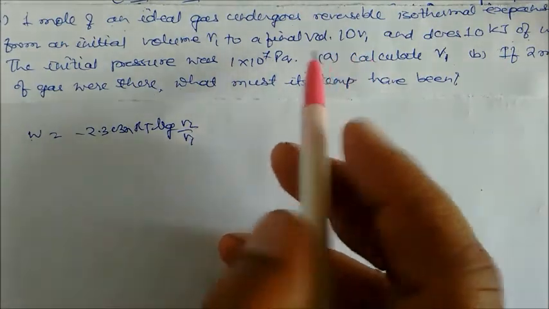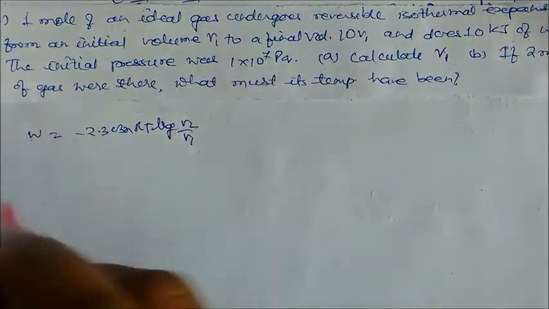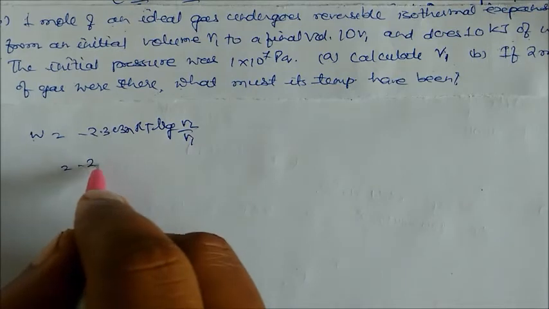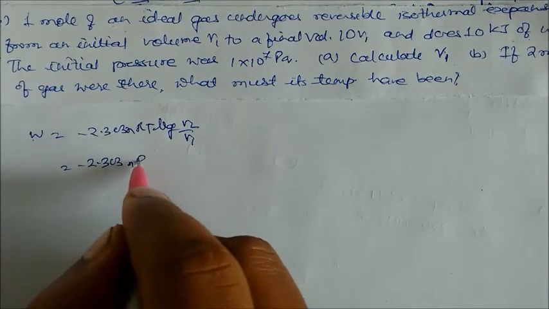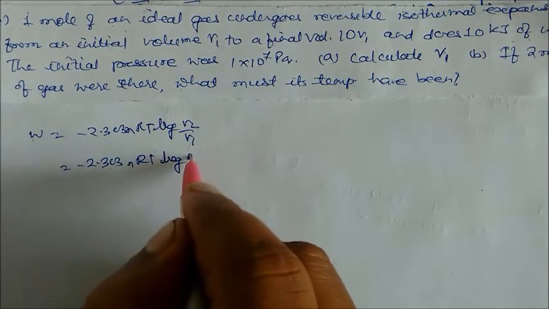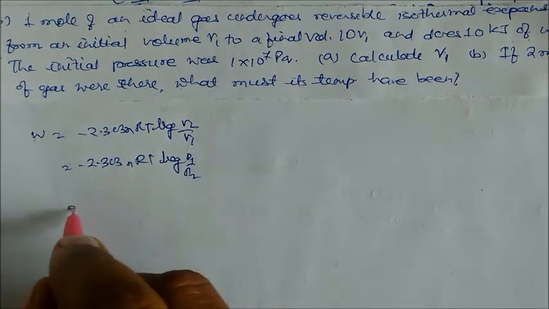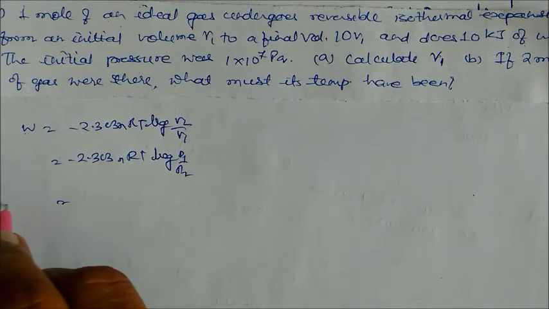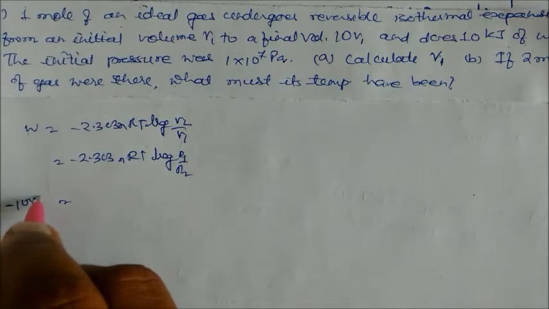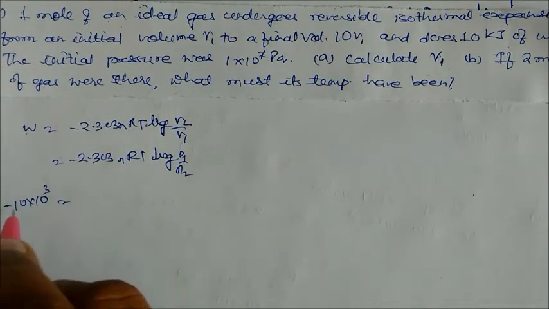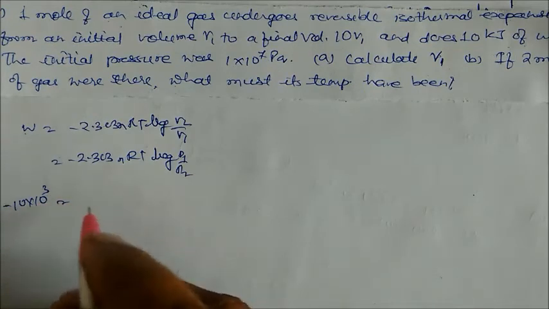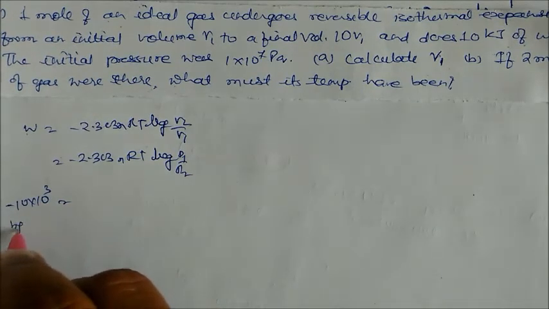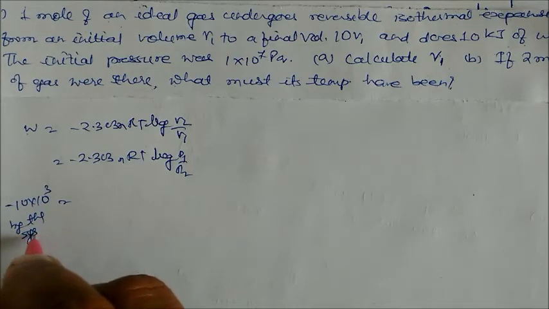So we have to use the second formula, that is minus 2.303 nR log of P1 by P2. In this case the work done is given. So what is the work done? 10 kilojoule, that is 10 into 10^3, with a minus sign. This is the work done by the system.